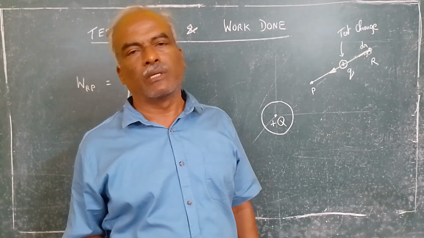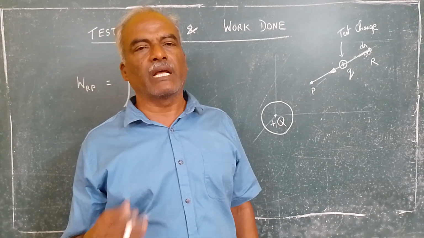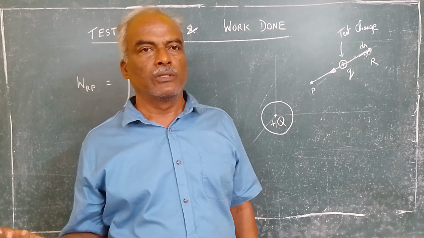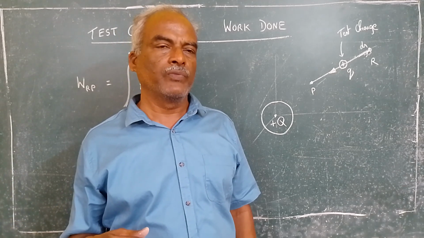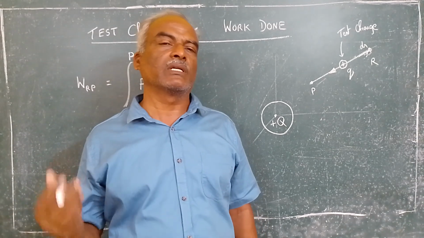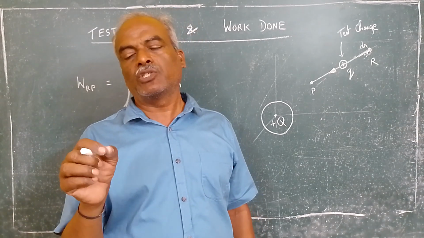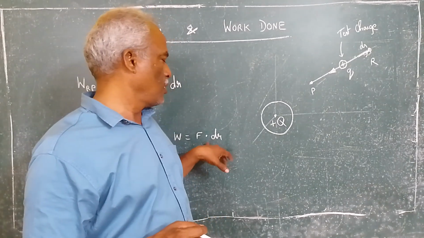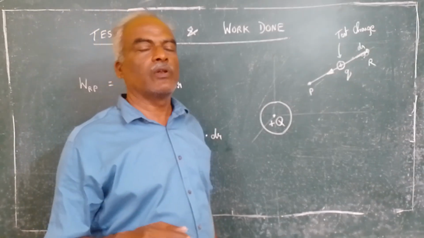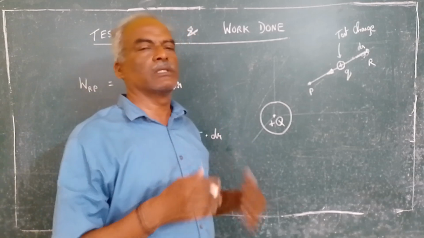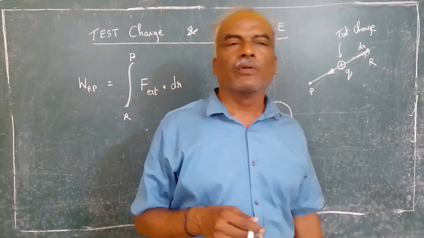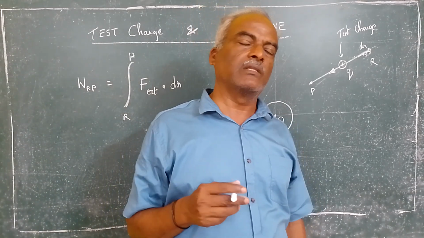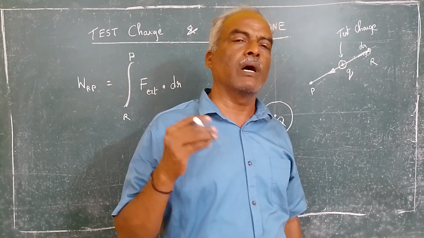Therefore, if you try to move this test charge from one point to another point towards this plus Q, then a work has to be done. If it is a very short distance, then you can find it by F dot dr, or if you want to see along the stretch of a line from say R to P, then you have to go for integration, and then you can find out the work done from R to P.